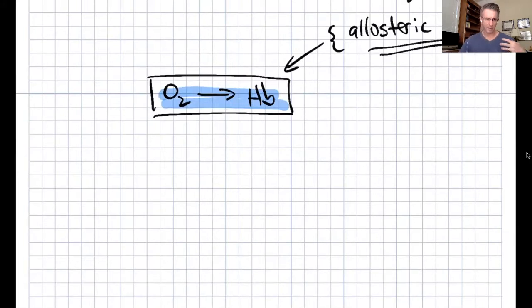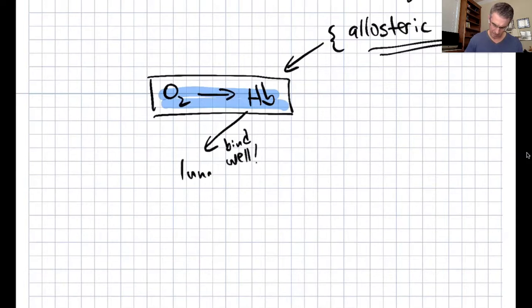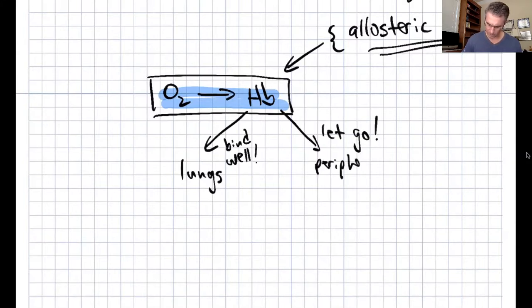Remember, the physiologic problem that hemoglobin is designed to solve is that we need a protein that can pick up oxygen in the lungs, and then after being transported to the periphery, can let go really well in the peripheral tissues. And the question is, how do you build a machine that does this?